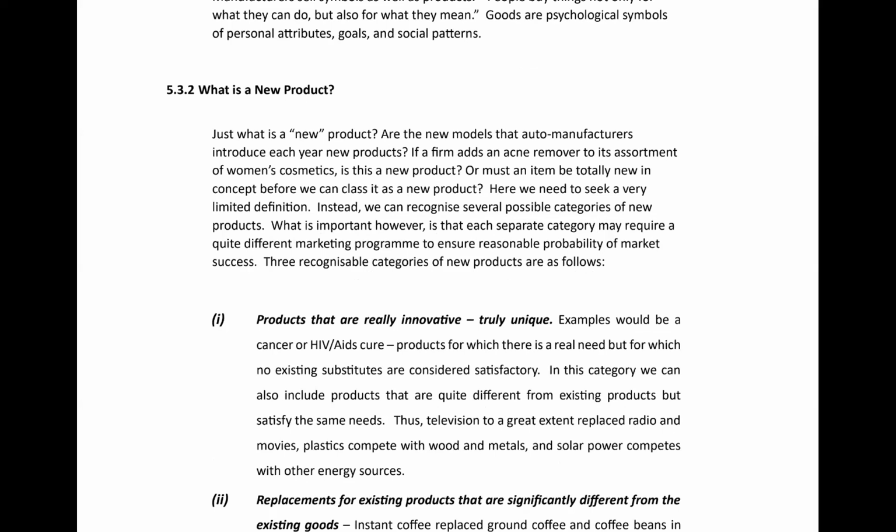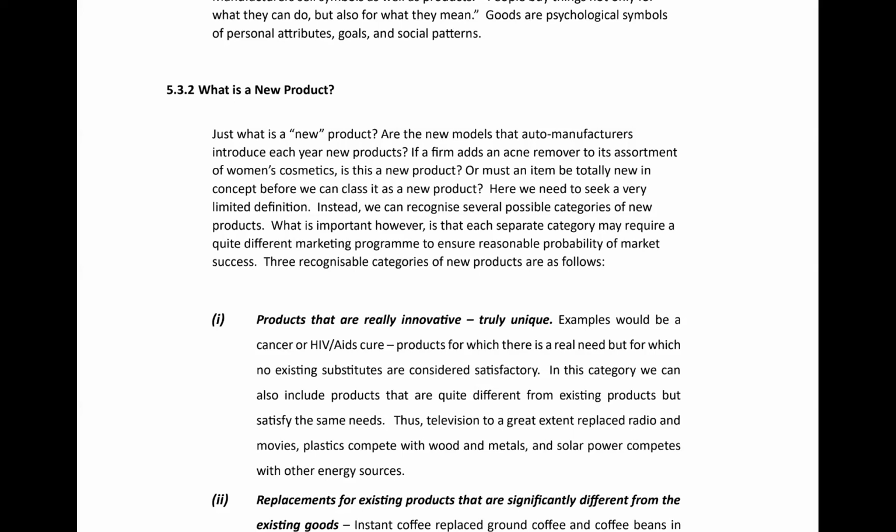If a firm adds an acne remover to its assortment of women's cosmetics, is this a new product? Or must an item be totally new in concept before we can classify it as a new product? Here we need to avoid a very limited definition. Instead, we can recognize several possible categories of the new product.